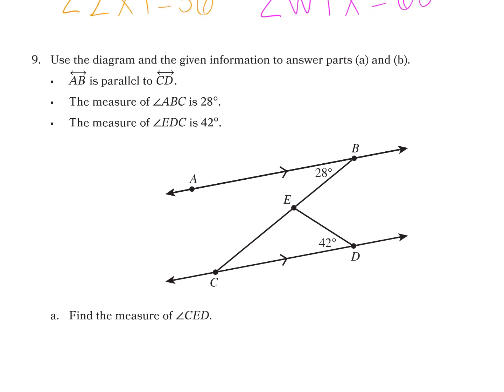Number 9. We want to find the angle measure for angle CED. So we want this piece here. What do we need to do to find that one? Any ideas on where to start?